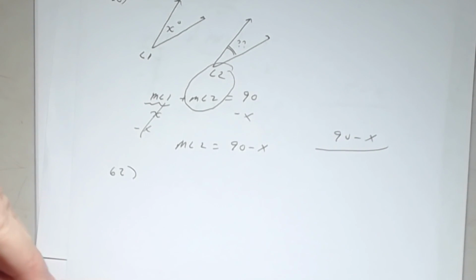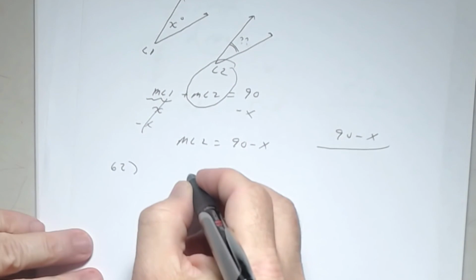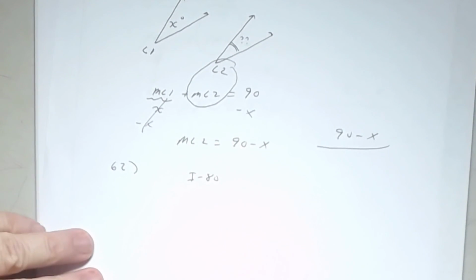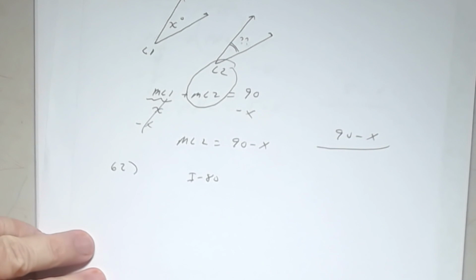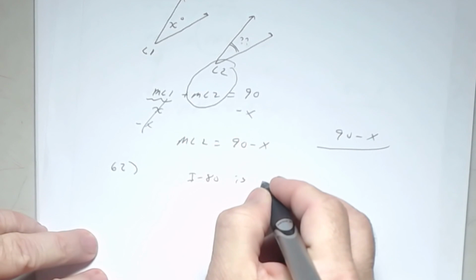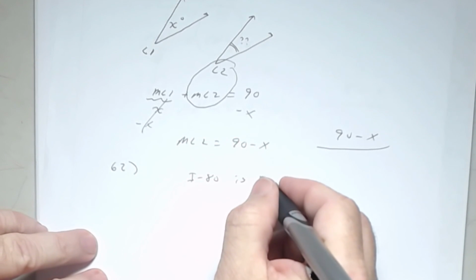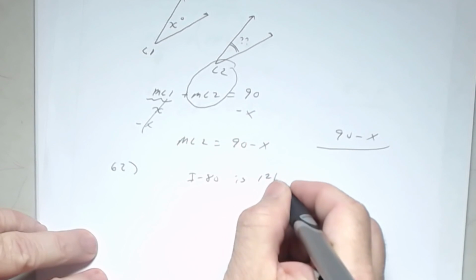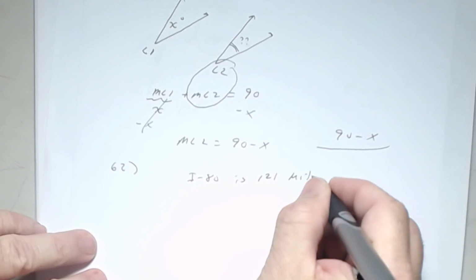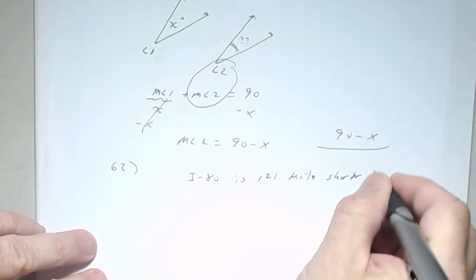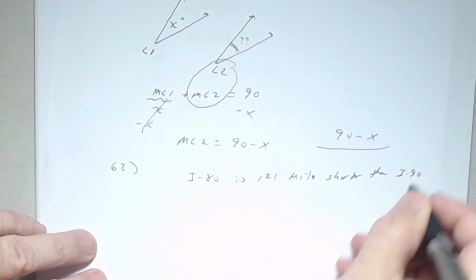I'm on sentence number 2: the second longest interstate, I-80, is 120 miles shorter than I-90, correct?